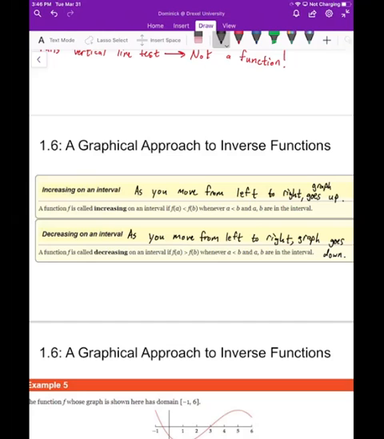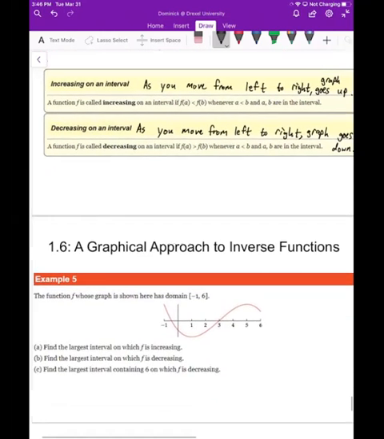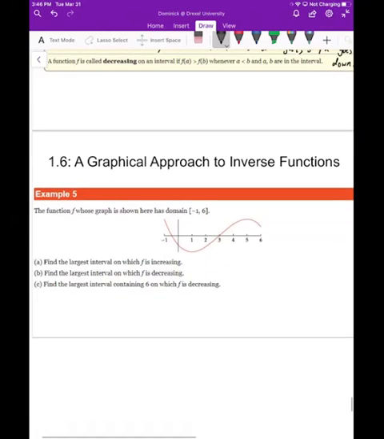All right, so let's look at a couple of examples of that. In part A, we want to find the largest interval on which f is increasing. I typically find that the easiest thing to do with these problems is to separate it into each group.